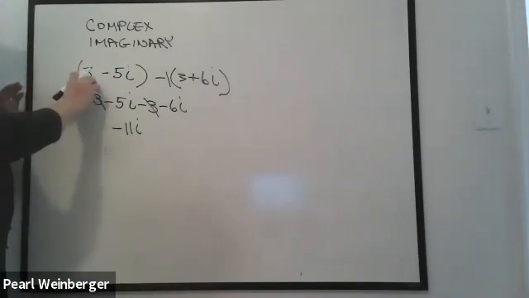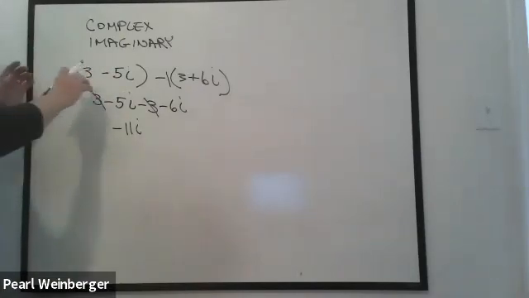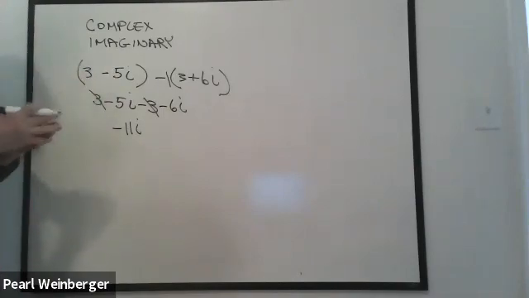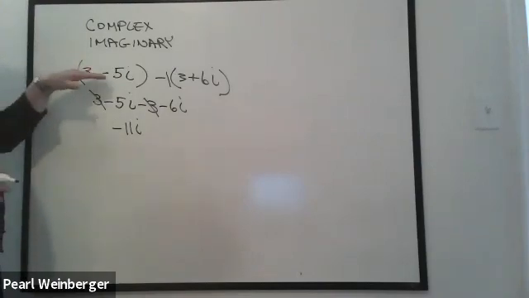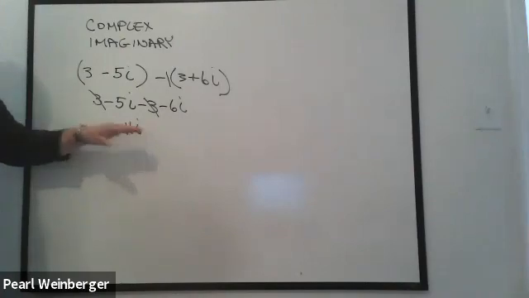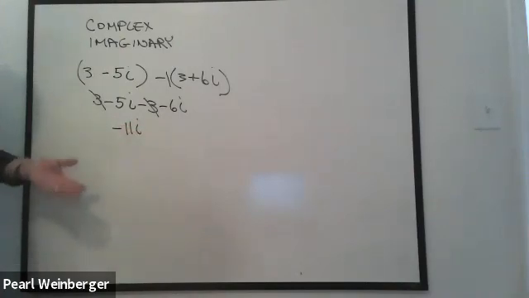This is what we call a complex number. A complex number is a combination of a real part, something that doesn't have an i, with something that does. 3 minus 5i is a complex number. Negative 11i, which just has i's in it, is imaginary.